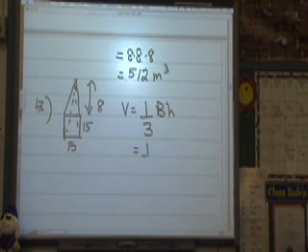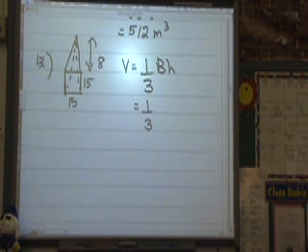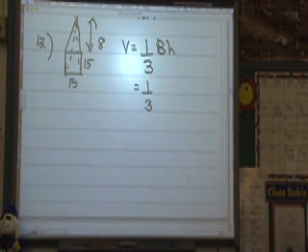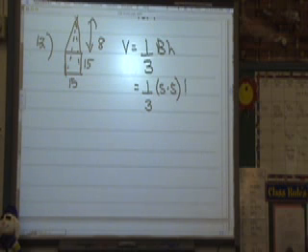What do we replace the capital B with? Side cubed. No, not side cubed. Side times side. Side times side is just the area of a square, and then times it by the height. What will we replace the s's with? 15 times 15.